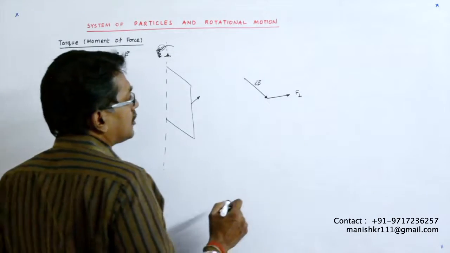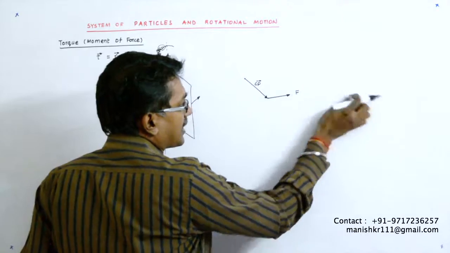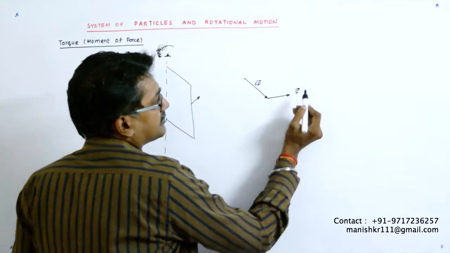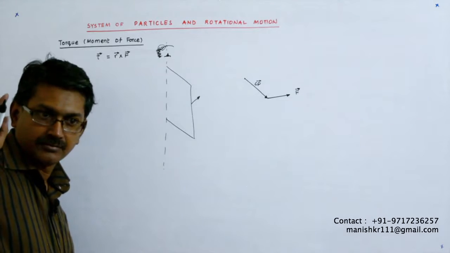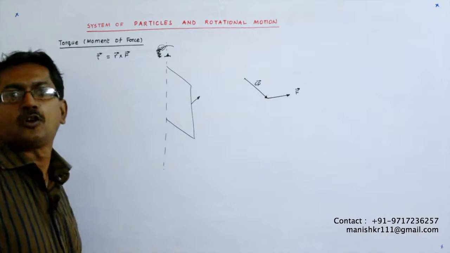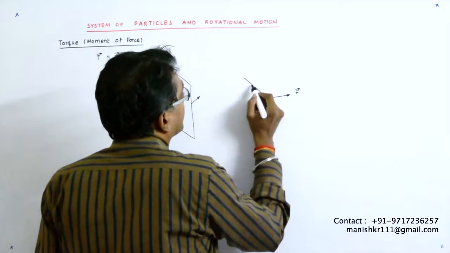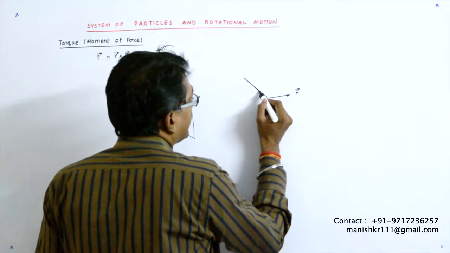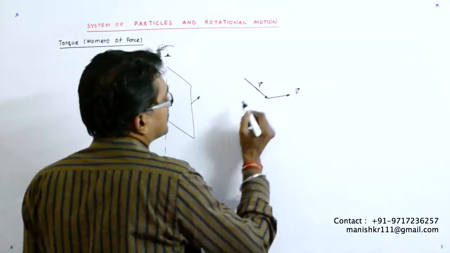So let us try to think. So this f you actually start calling f, but this is not the original f. Hold that in mind. It is only that f which is causing rotation, and this CP we start calling r.